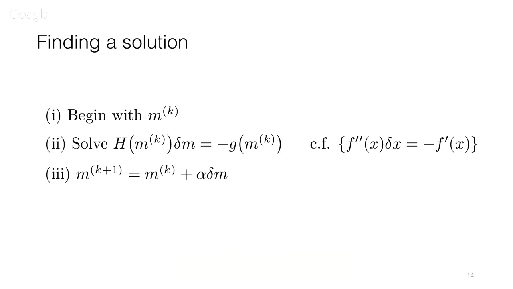In one case everything is a scalar, in the other we have vectors and matrices. So we solve this and get a delta m, but just the same as before, we might want to scale it back. We think at least this is the right direction, but it might be the wrong length, so let's scale it back if we need.